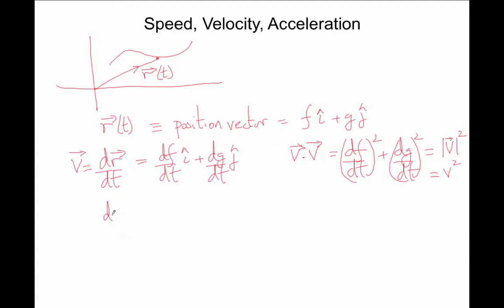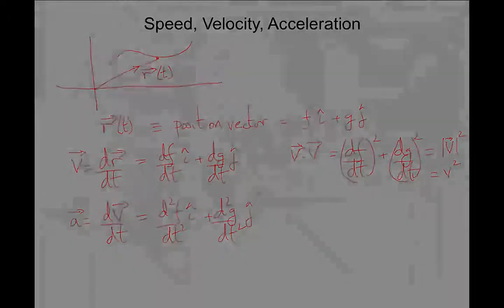If we take the derivative of the velocity vector, so dv by dt, that's actually the definition of acceleration, rate of change of velocity. And in component form, this is d2f by dt squared i plus d2g by dt squared j. These basis vectors are fixed. They do not change. They are fixed to the axes, and so we do not need to consider their variation.